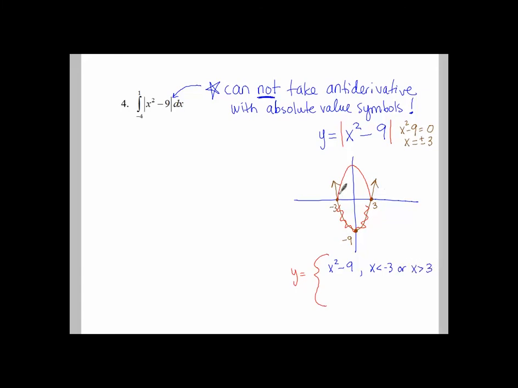And then the part that we had to flip over, so the negative of the x squared minus 9 graph, is what we had to do between -3 and 3. So it's really those two pieces that we're looking at. Now we could have equals with either this set or this set. So I'm just going to stick them in here to be a complete function.